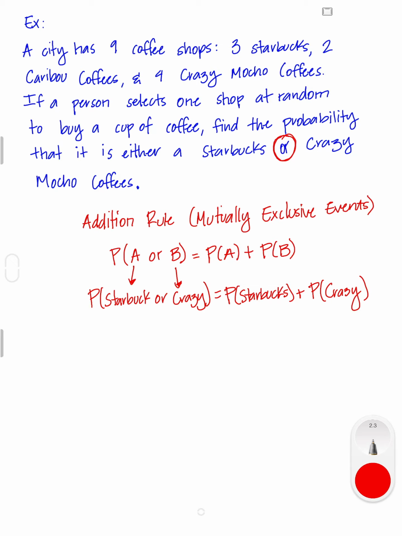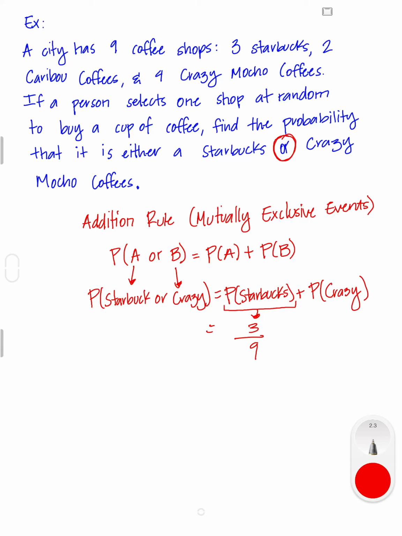So how do we find the probability of Starbucks and probability of a Crazy Mocha coffees? Well, let's remember that we put the number of outcomes for Starbucks over the total number of outcomes for the entire situation, right? In this case, we only have 3 Starbucks, so the probability of going to Starbucks is 3 over, and then we have 9 coffee shops, so over 9.